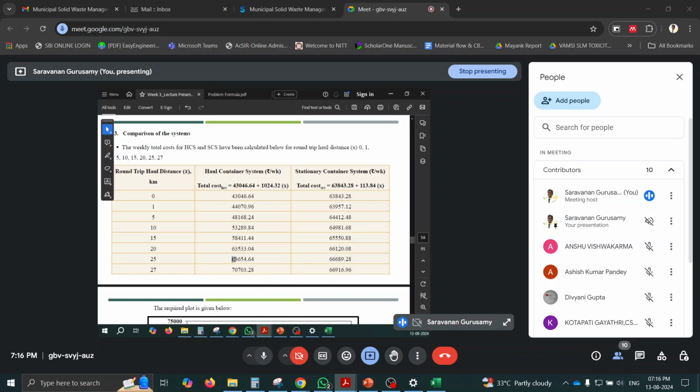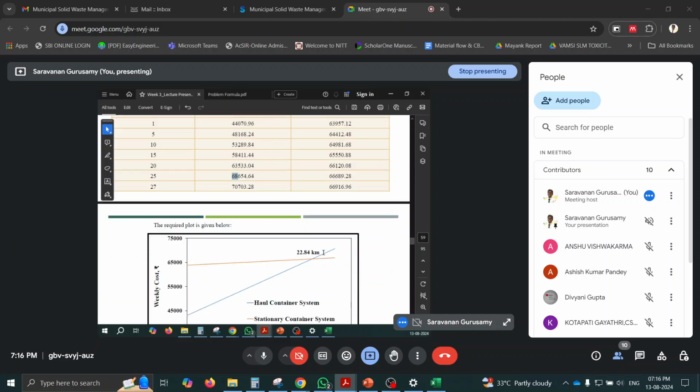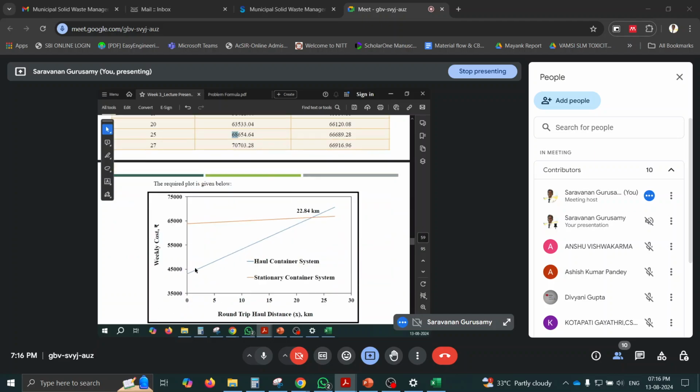So the hauled container system is exceeding the value of the stationary container system. If you plot this in a graph, you can see up to 20 miles or 20 kilometers, we are getting a value less than the stationary container system. But if you go beyond 20 miles, then the stationary container system will be good. The hauled container system will be costlier.